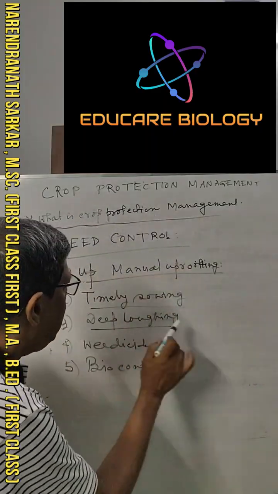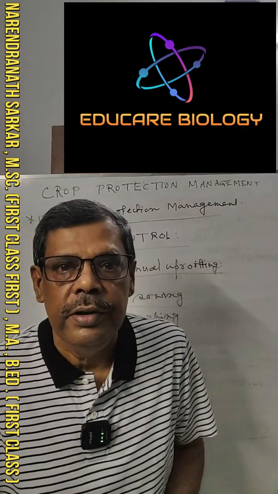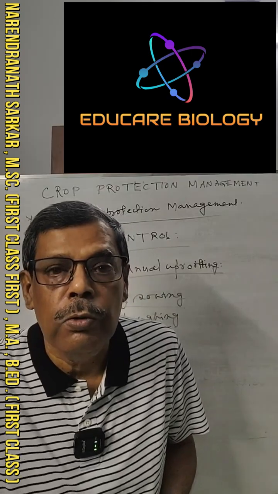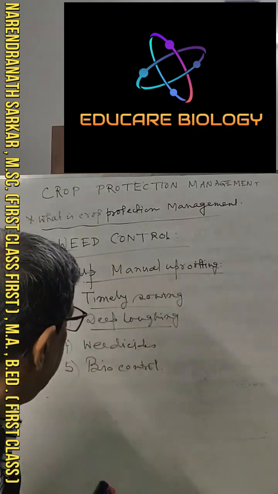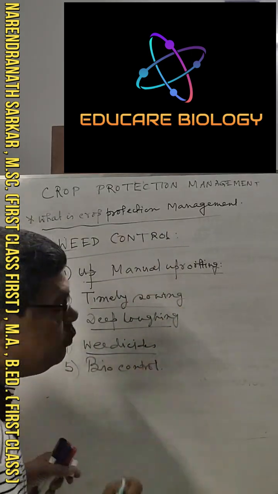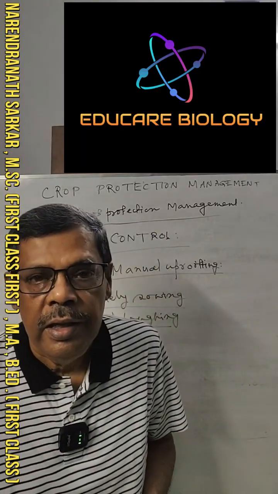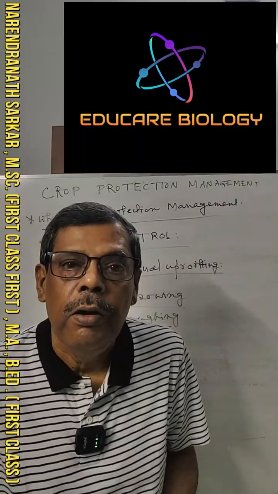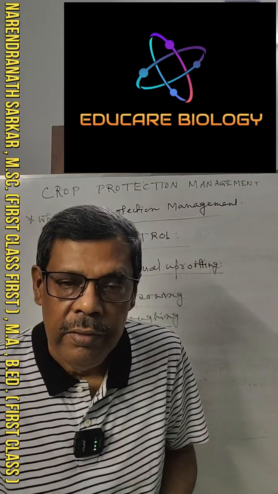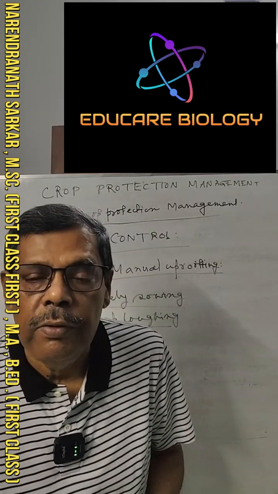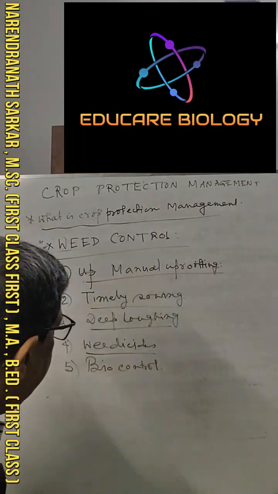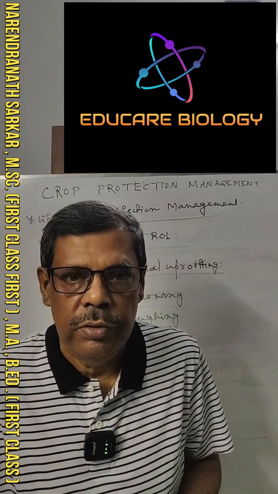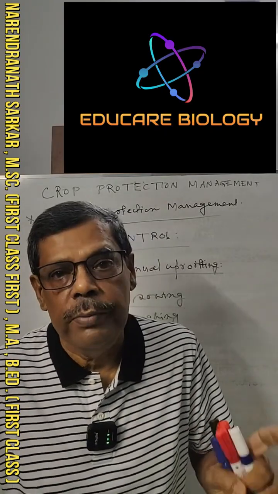Next, deep ploughing in the summer season should stop the growth of weeds. Weedicides, that is 2,4-D and atrazine, can be sprayed on the weeds, which could damage or destroy them. Next, biocontrol is the biological control method by which weeds can be destroyed.